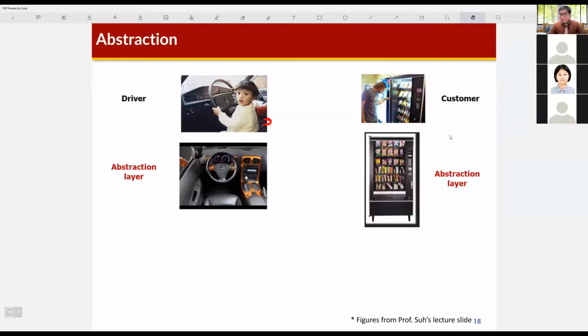The required knowledge for using this vending machine is to just push buttons for the corresponding product. And also we need to insert coins or credit cards into the vending machine. That's it. And then just push the button.